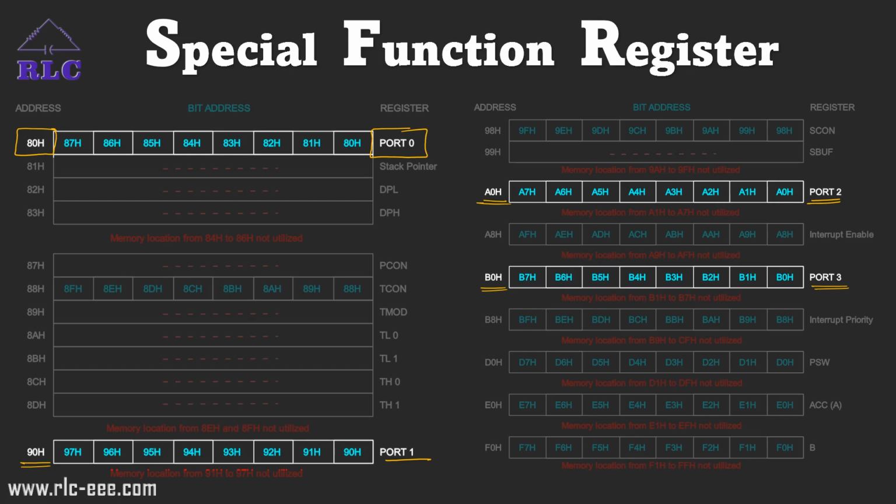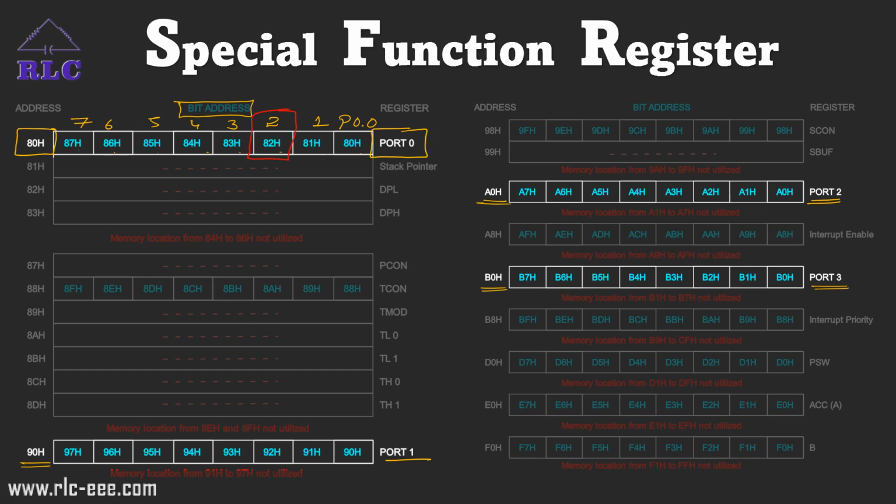We can see over here we have written bit address, and each and every box in this is given some values. These are all the bit addresses of this port. This is the P0.0 bit, then the P0.1 bit, the second bit, 3, 4, 5, 6, 7. If I want to access particularly the P0.2 bit, then I can write it as P0.2, or I can use the bit address 82H.